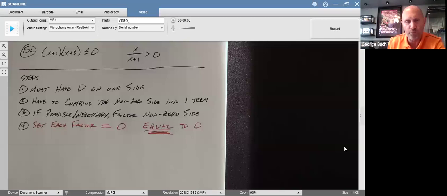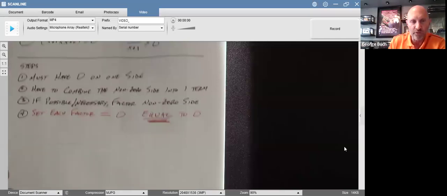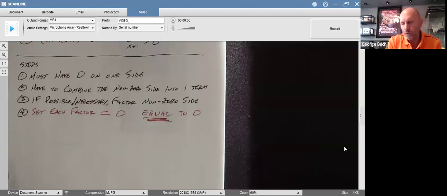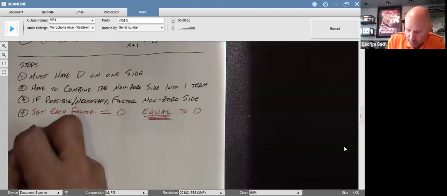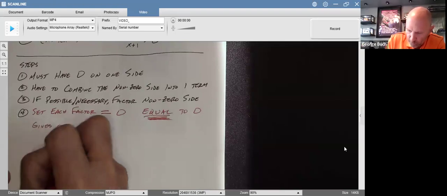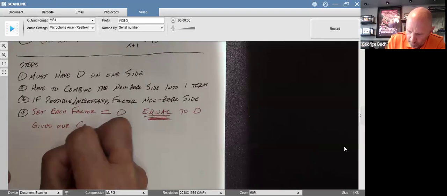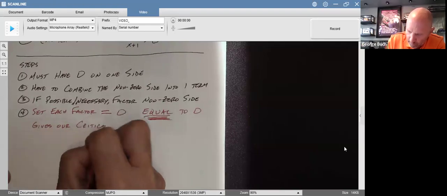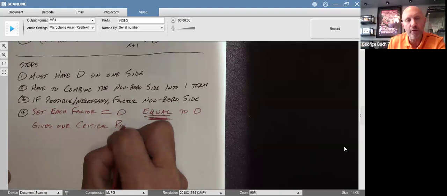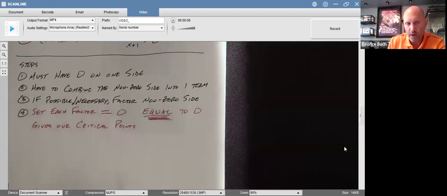It doesn't depend on what the problem was that we started with. We set each factor equal to 0. This is our critical step because this gives us what are called critical points. And that's where this product or this quotient switches from a positive value to a negative value.